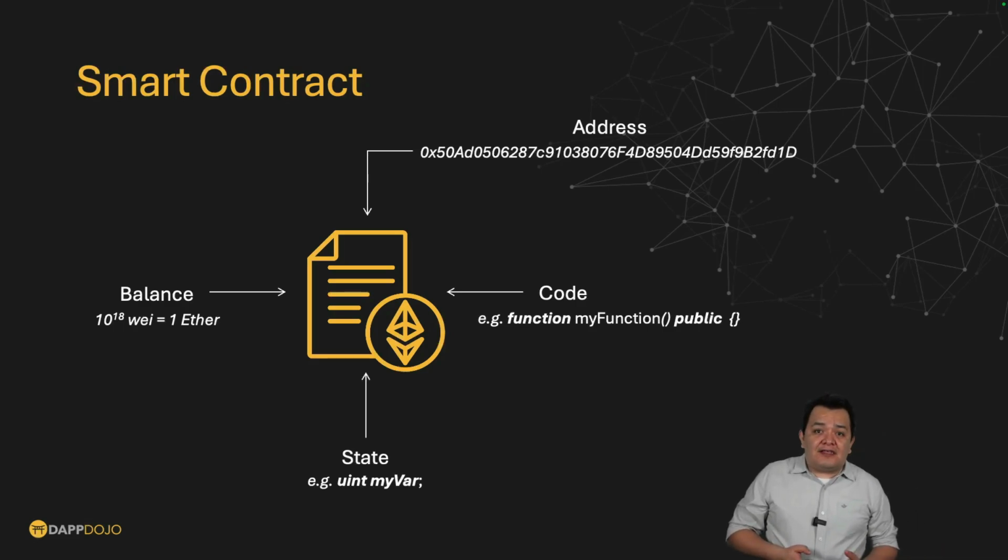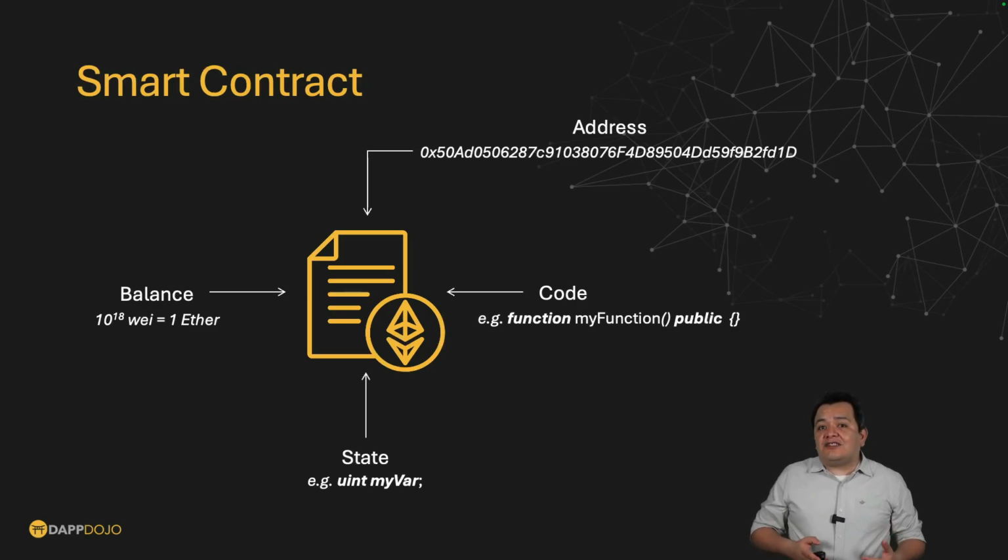The state of a smart contract refers to the current condition or data stored within the contract at any given moment. It includes all the variables, data structures, and storage elements defined by the contract's code that persist across multiple invocations and interactions.